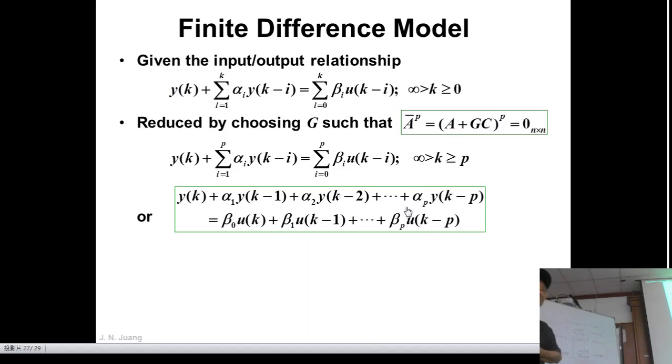It means I need only compute my estimated output from the past P-step outputs. For example, I want to predict tomorrow's stock price, so k is tomorrow.